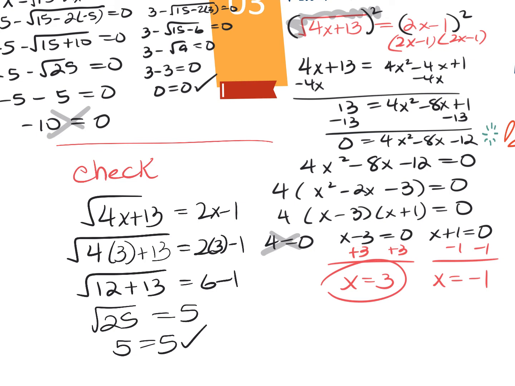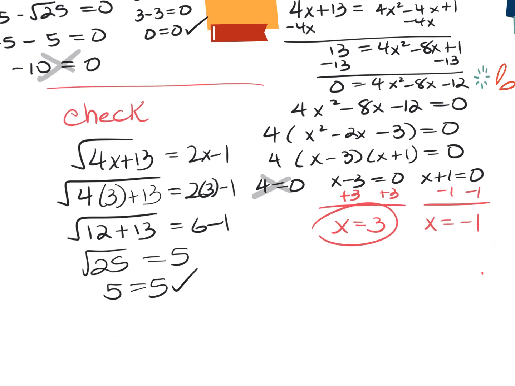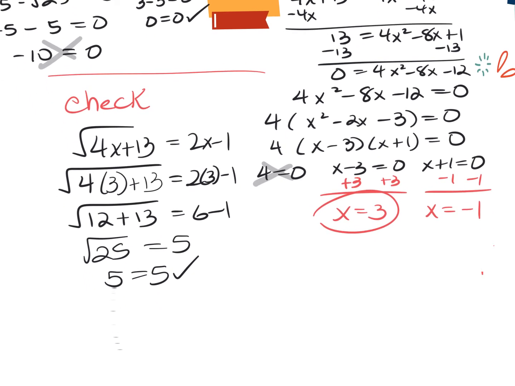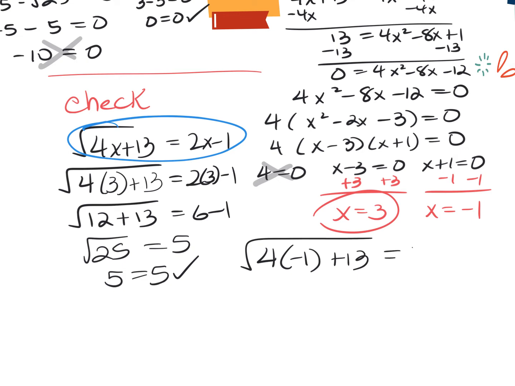Now let's plug in the negative 1. So same thing. Take the same original equation here, and I'm plugging in negative 1 for each of the x's. So the square root of 4 times negative 1 plus 13 equals 2 times negative 1 minus 1.